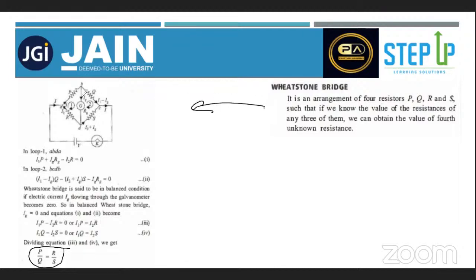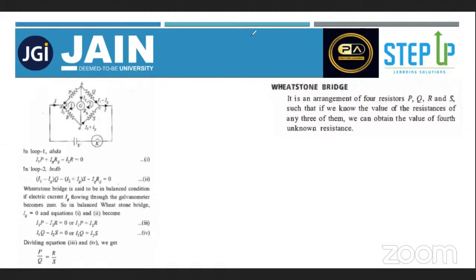And when the ratio P by Q becomes equal to R by S, in that condition there will be no current flowing through this particular arm BD. So there will be no current detected by the galvanometer G. There will be no current flowing to this particular arm.